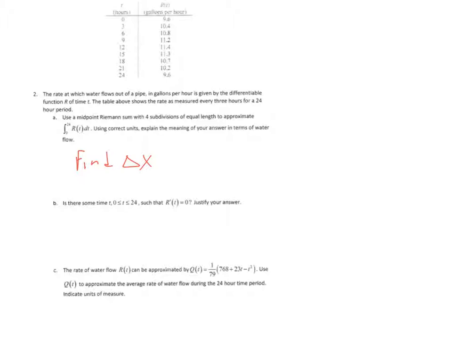So if you don't recall how to find the average value, like an average rate of change, look back in your book at the last couple sections on the fundamental theorem of calculus, and I'm pretty sure that they will say this is the average value. So you can find the formula that you're going to use there.